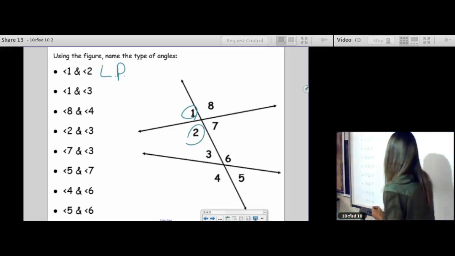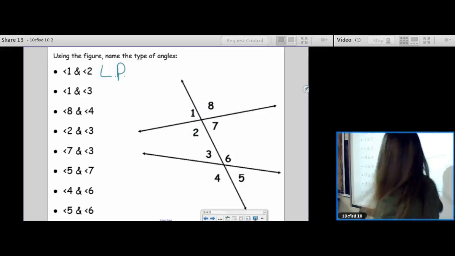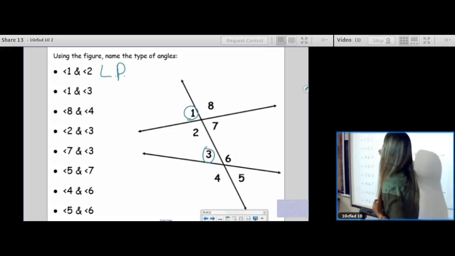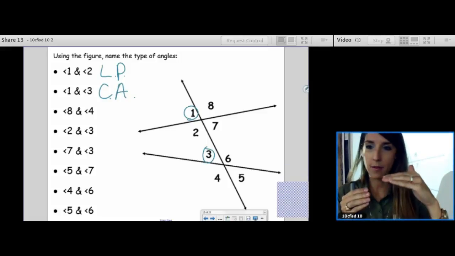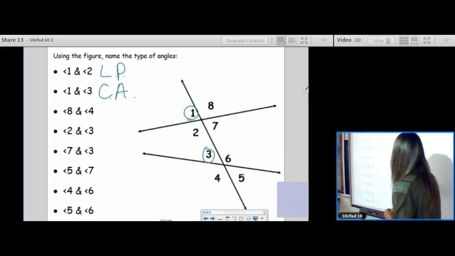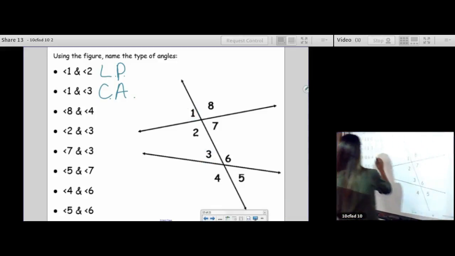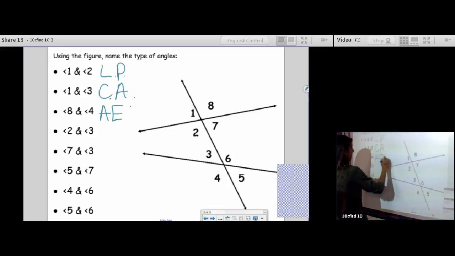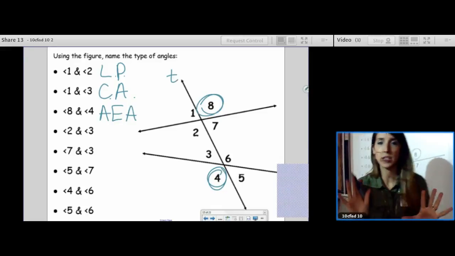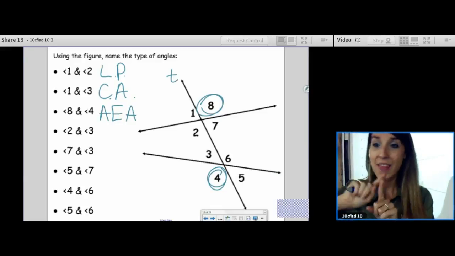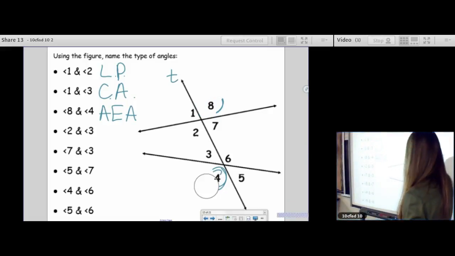Okay, 1 and 3. 1 and 3 are corresponding angles. They are both to the left and they're both above. 8 and 4: alternate exterior angles. They are on alternate sides of the transversal. One's on the left, one's on the right, and they're exterior. They're far apart. So E for exterior.